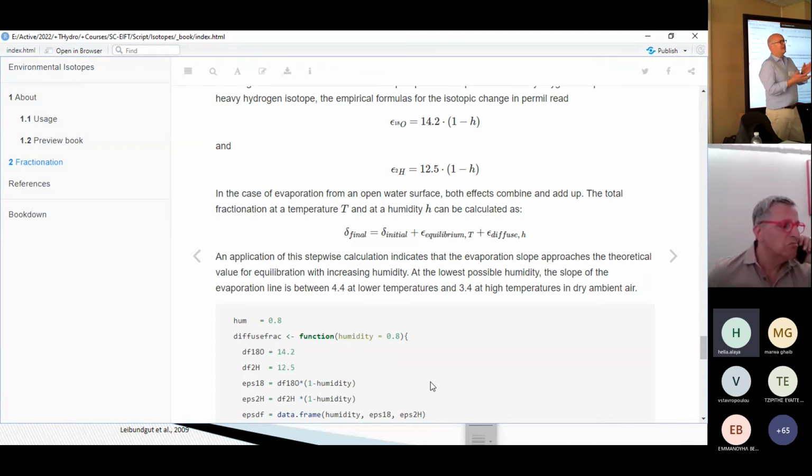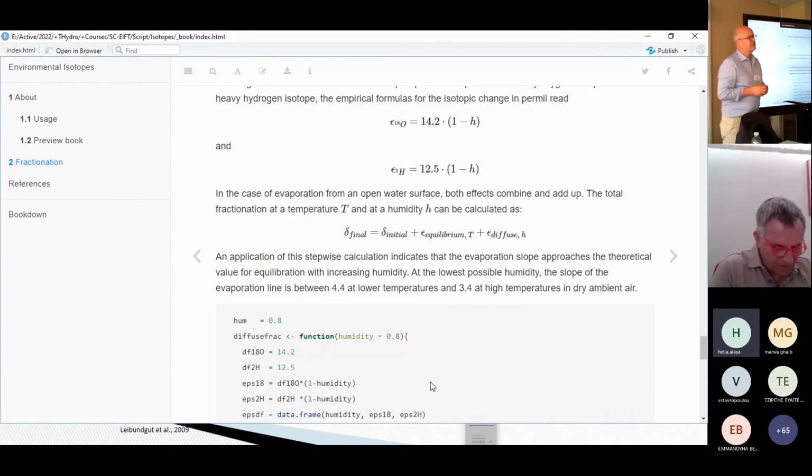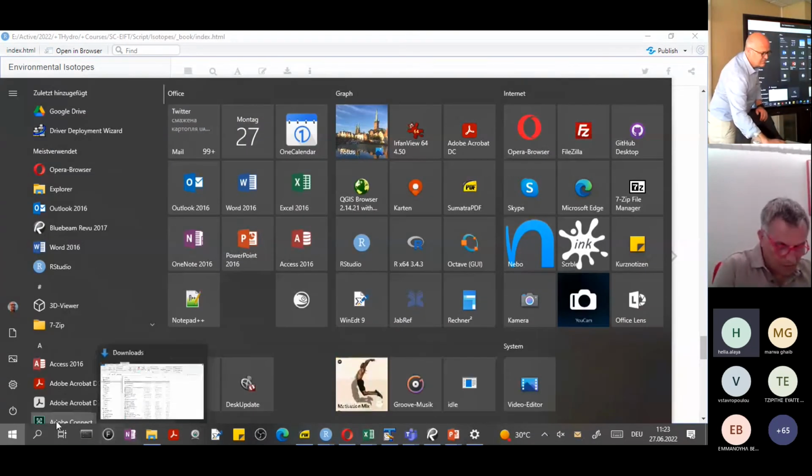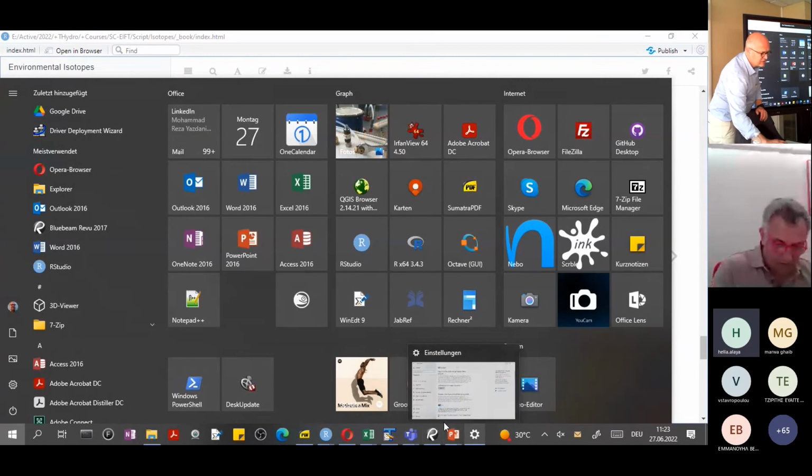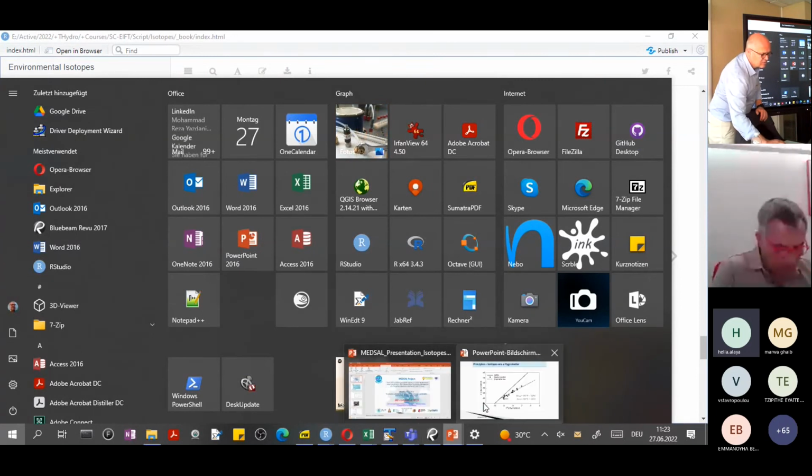So in a practical example, you can prepare a nomogram where you pre-calculate the evaporation lines for 80, 60, 40%, and then you plot your data inside, and you see immediately at which humidity the evaporation takes place. Then you can compare: does it correspond to my meteorological measurements or not? And if it doesn't, you know that this is a paleo system or evaporation took place at a different location, not where you thought.